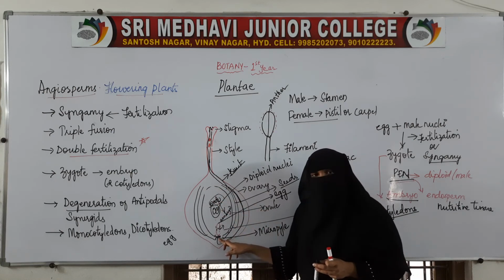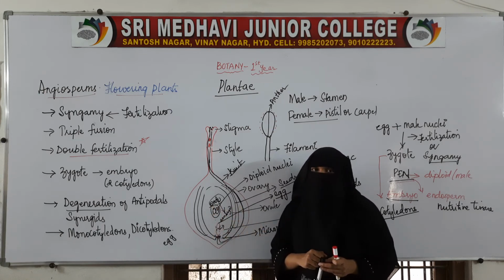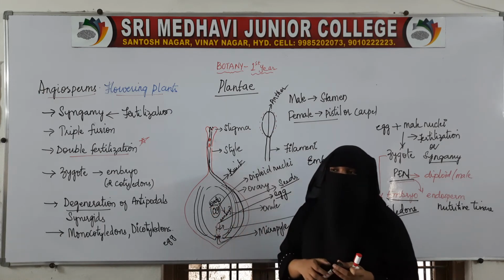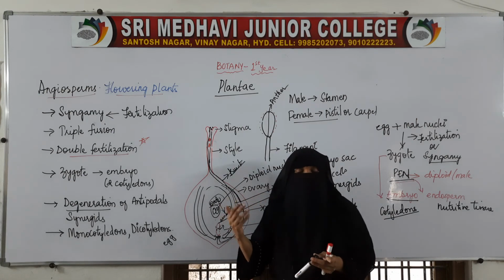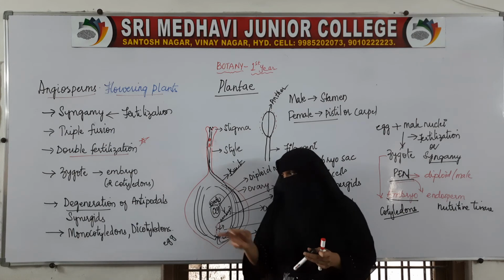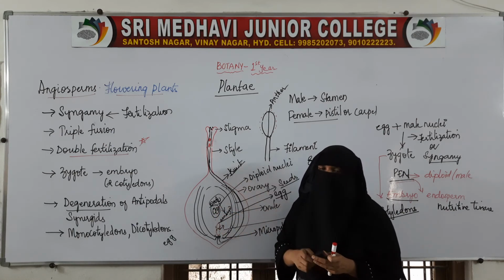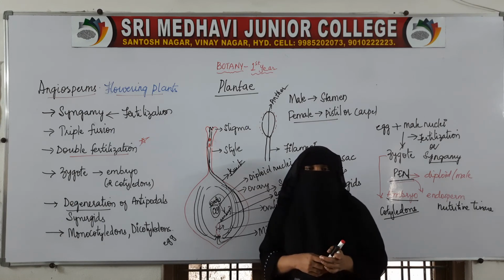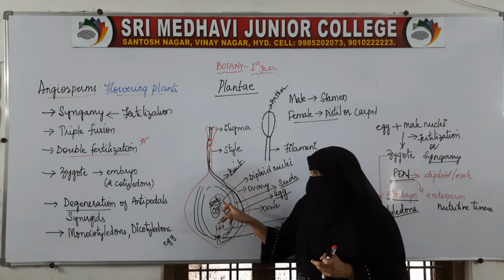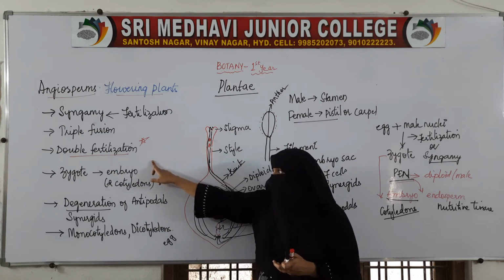These 2 nuclei will fuse with one egg and one diploid nucleus. The fusion of the male nucleus with the egg is called fertilization, and the fusion of the diploid nucleus with another male nucleus makes it double fertilization. Double fertilization is a characteristic of angiospermic plants.